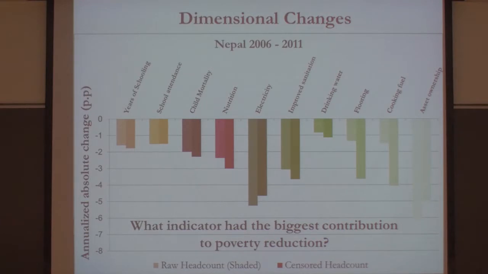So we only have 2 data points. The one to the left is the uncensored headcounts. It's again the change on the uncensored. So, what do you think was the indicator? Of course, you cannot know for sure. But what do you think was the indicator with the biggest contribution to poverty reduction?